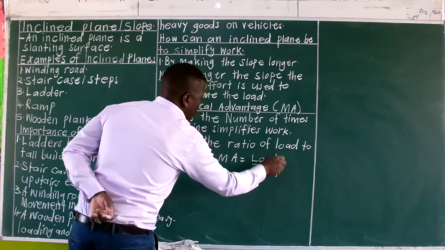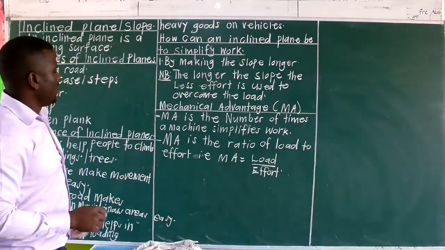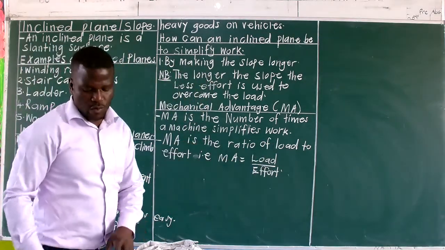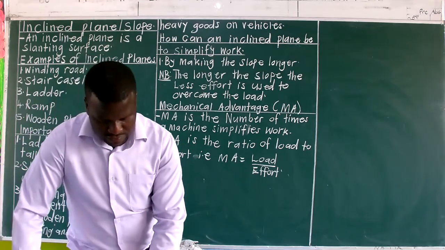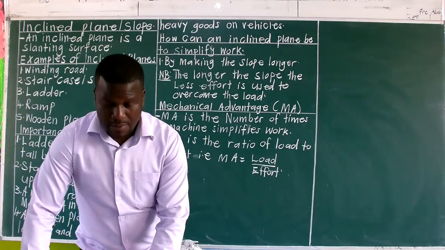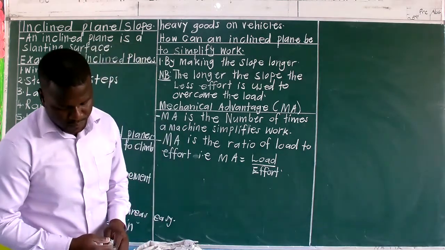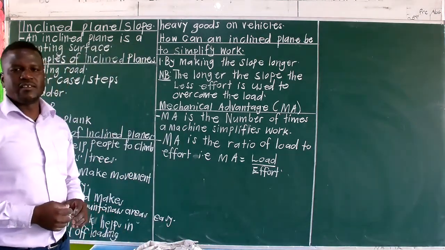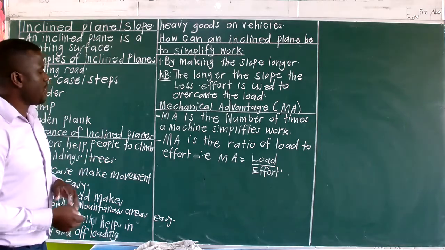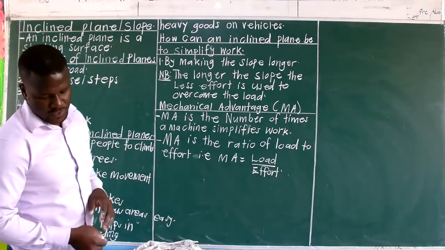This is what we mean by mechanical advantage being the ratio of load to effort. And mechanical advantage has no units because it is a ratio.